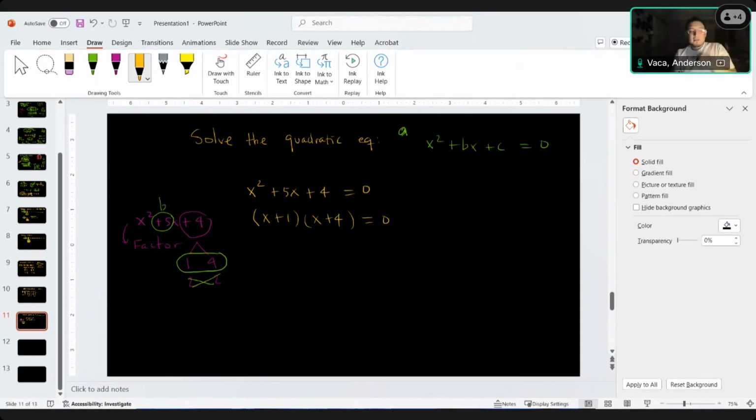Using the skills that we just did a few minutes ago, this is the same as x plus 1 is equal to 0, or x plus 4 is equal to 0. Minus 1, x is equal to -1. Minus 4, x is equal to -4. The solution set is these two numbers.